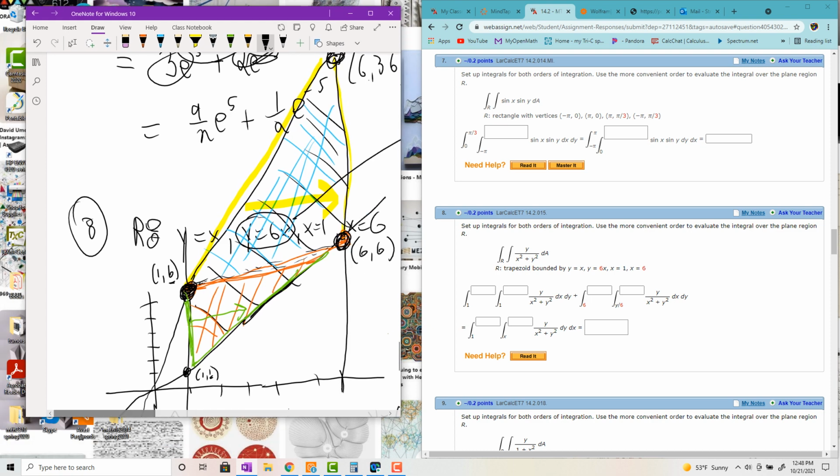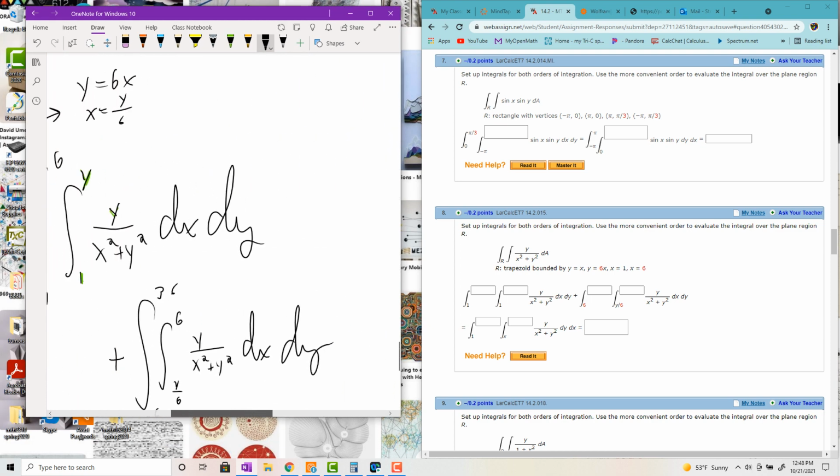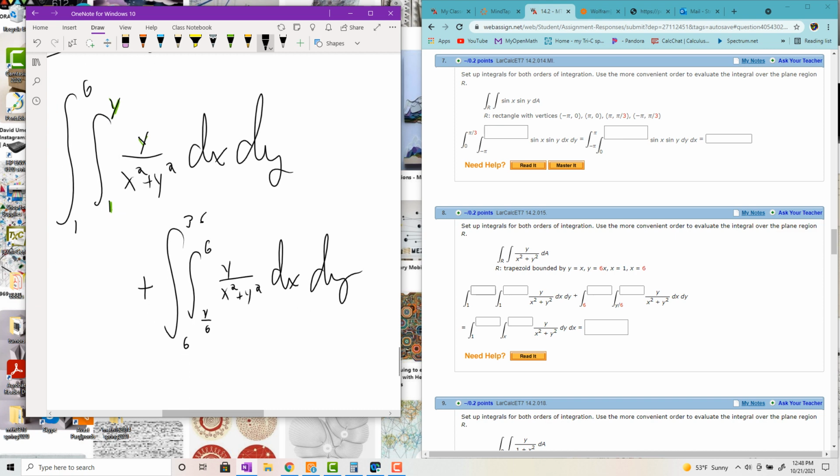Okay, can you give me the little bar thing so I can move that over and see it? Thank you. And right, so this one, going from 1 to 6, 1 to y, 6 to 36, and then y over 6 to 6, and then we want to rewrite it in the other orientation, right?